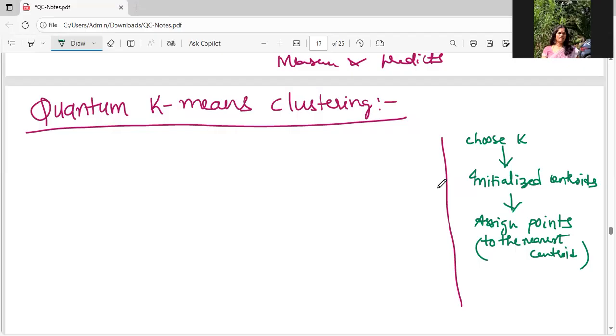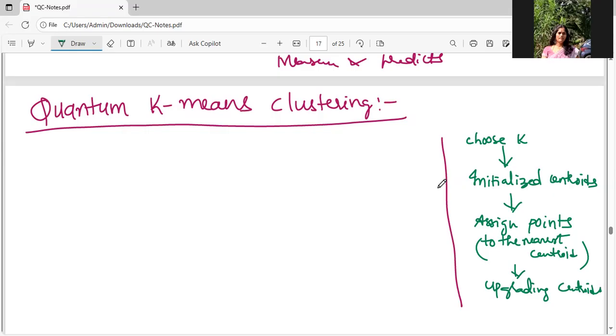Now, initially we choose the centroids, and then the centroids get updated. New centroids are calculated by taking the mean of all the points assigned to each cluster. Updating the centroids is done in this algorithm by taking the mean of all the points.